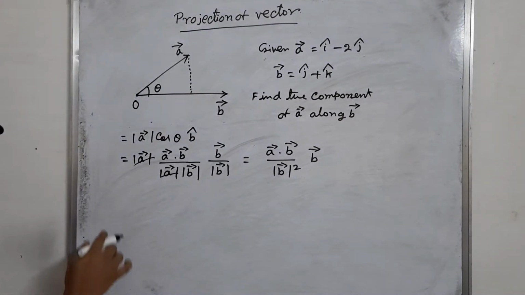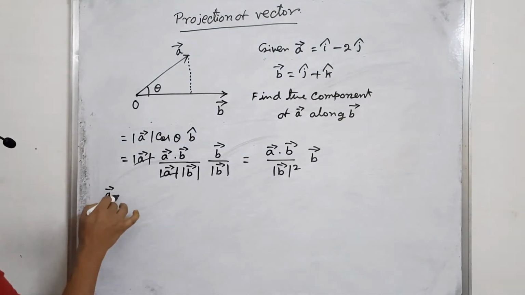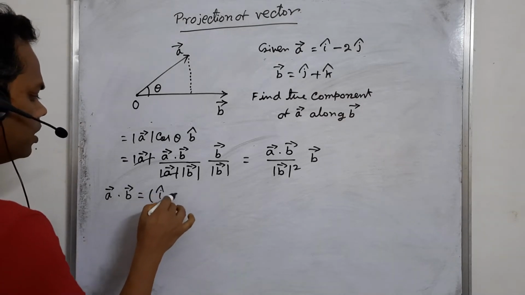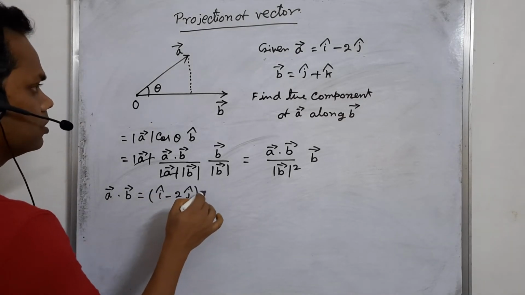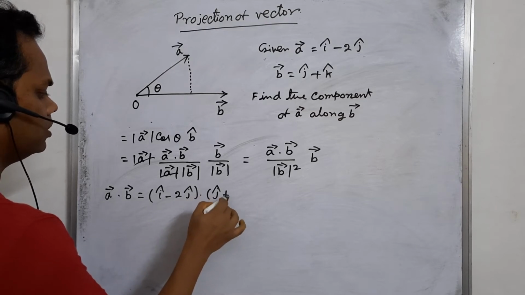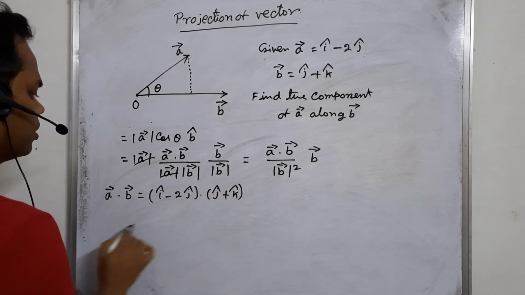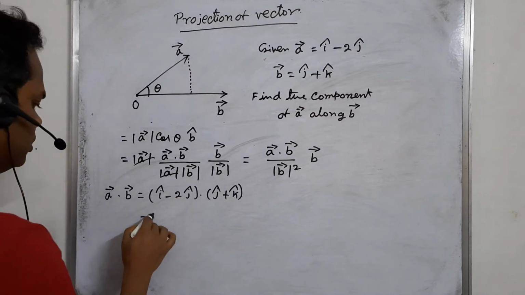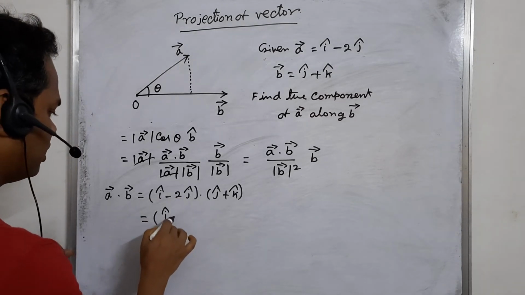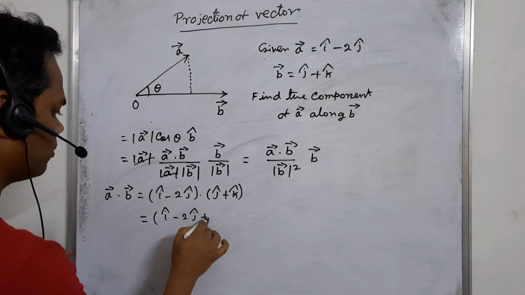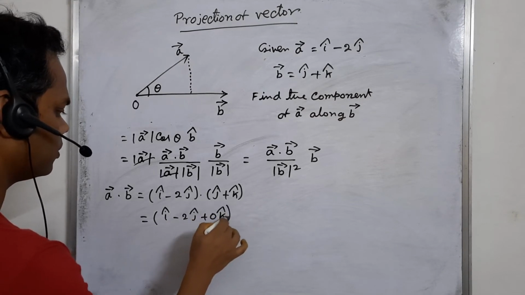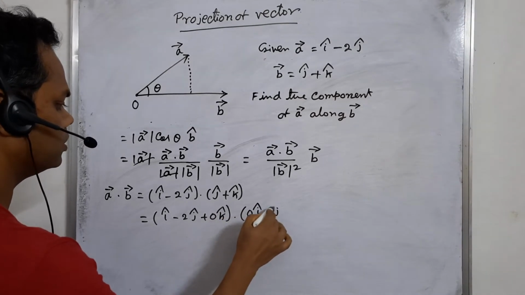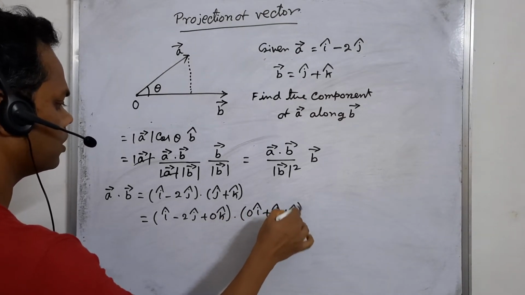Now a vector dot b vector is i minus 2j dot j plus k, which can be written as i cap minus 2j cap plus 0 k cap dot 0 i plus j plus k.